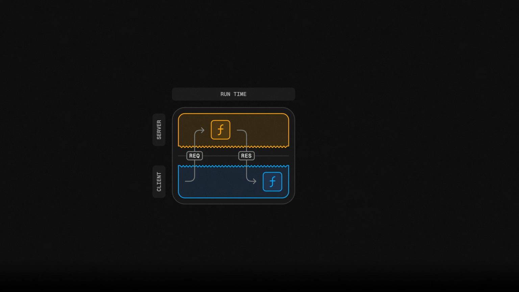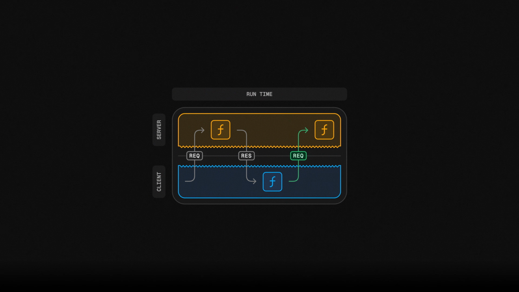Now let's talk about useServer. We might naively assume useServer is the opposite of useClient, a way to mark server components. However, in reality, it serves a slightly different purpose. After the initial response from the server, you may wish to allow the user to change or mutate data.